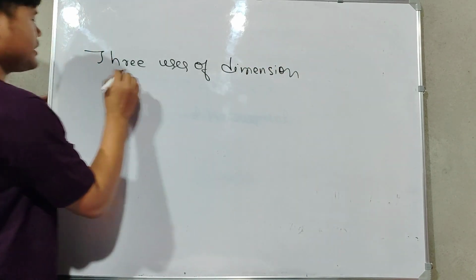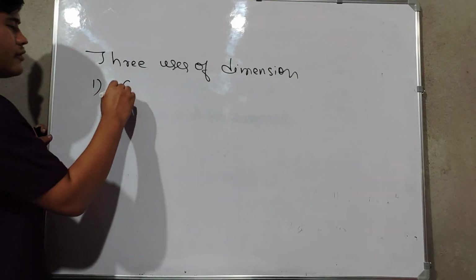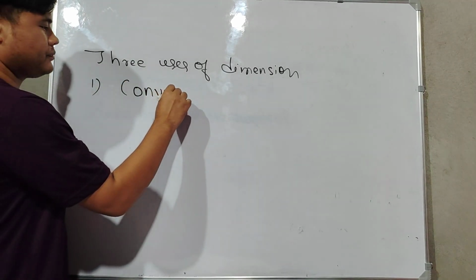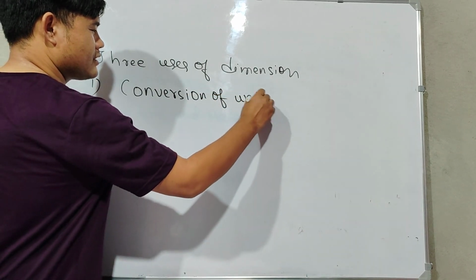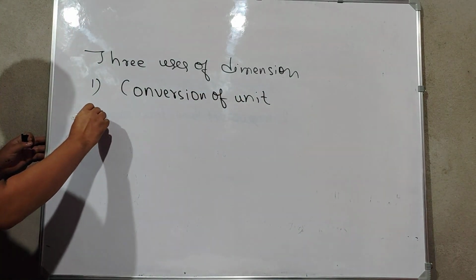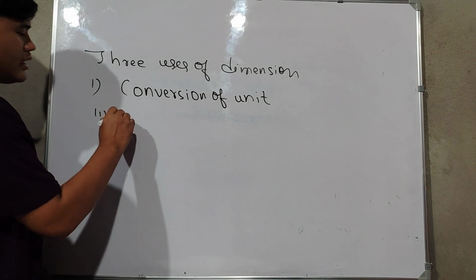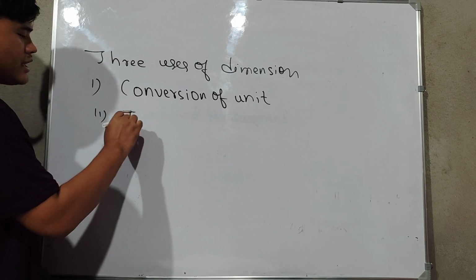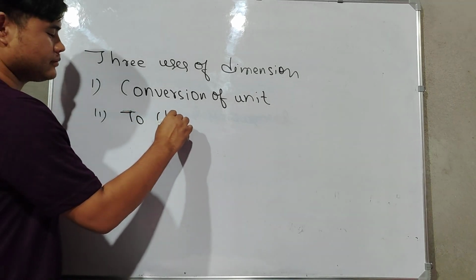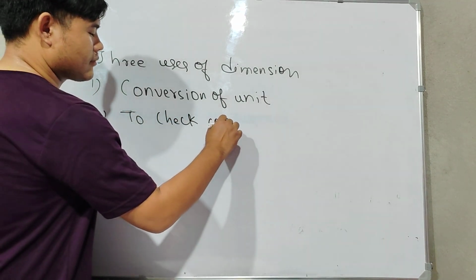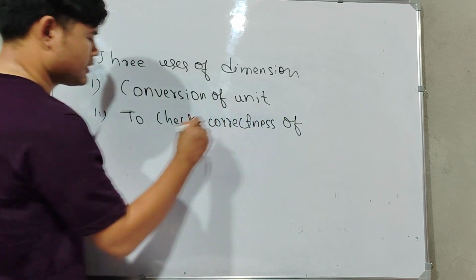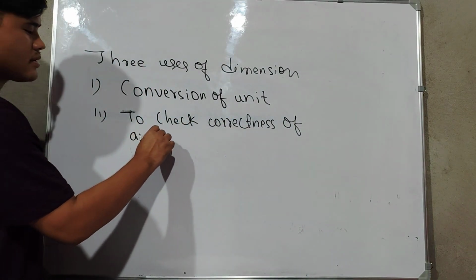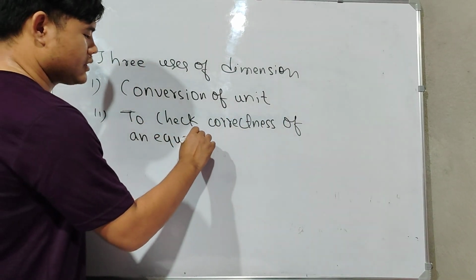The first one is for conversion of units. The second use is to check the correctness of an equation.